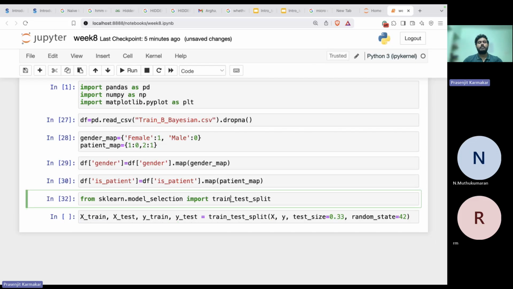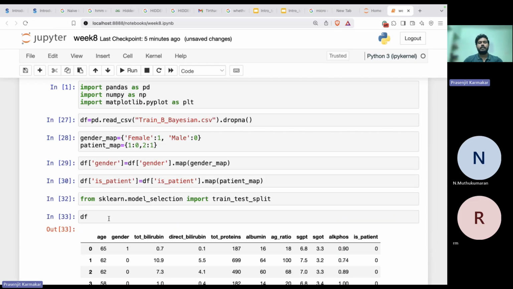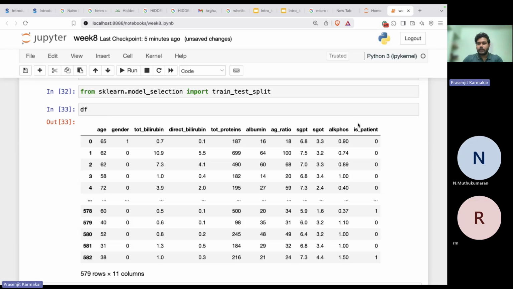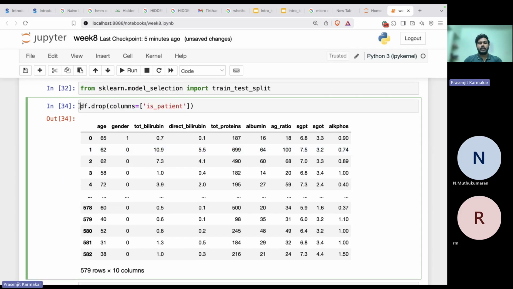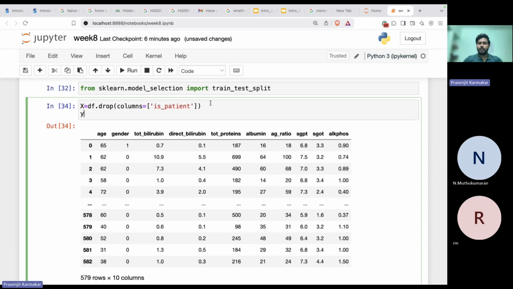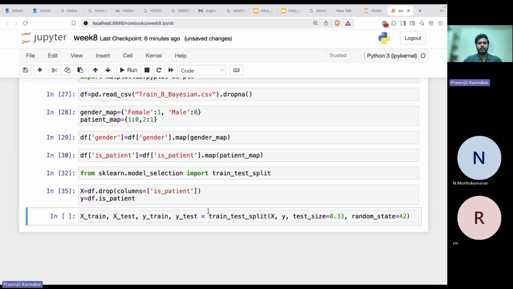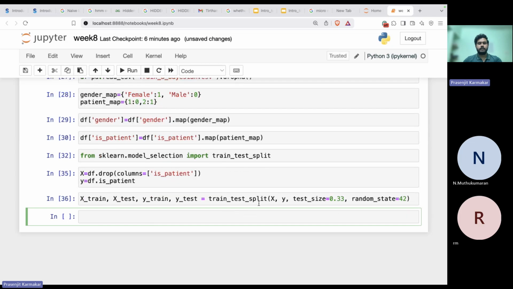Now df and y: what should be your df and what should be your y? So df is this, and this is y, right? So I can just do df.drop with the column to be this patient column, that becomes my X, and y would be that column itself. Run X test, y test. Fine.